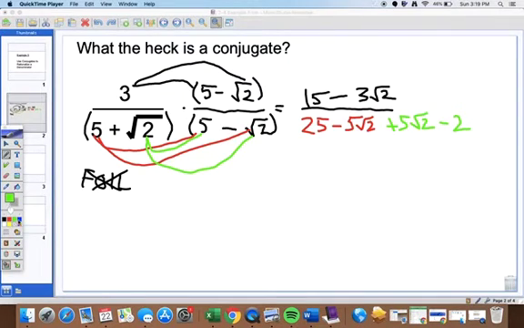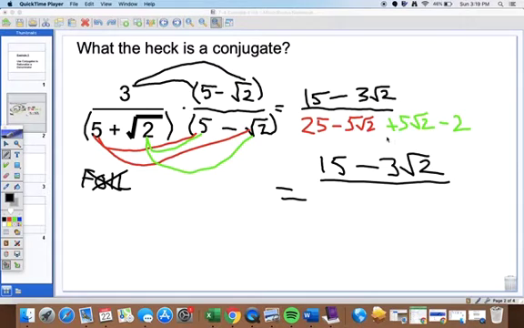Now let's simplify what we've got here. The top stays the same, 15 minus 3 times the square root of 2. On the bottom, we have to clean some of this up and look at what I can combine. I can combine this, and I can combine this, so that gives me 23. Now look at what happens here.